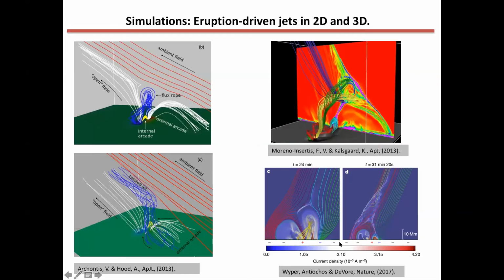And that is 2017 Nature. And all these simulations actually show exactly this process, namely jets driven by eruptions. So again, this is something new. It's a very hot topic these days because it changes our view on how jets are triggered.